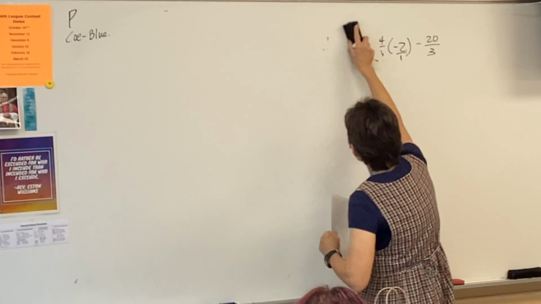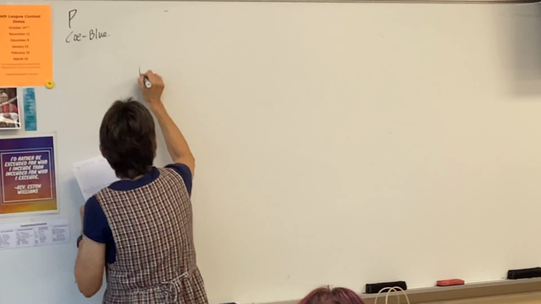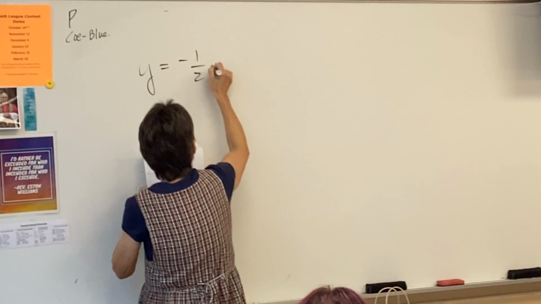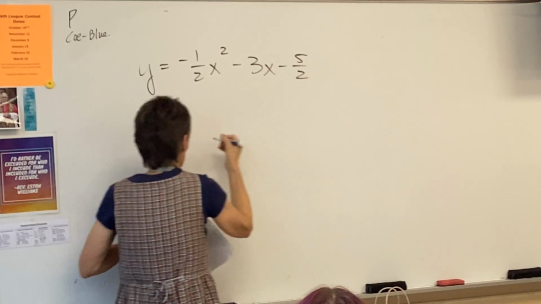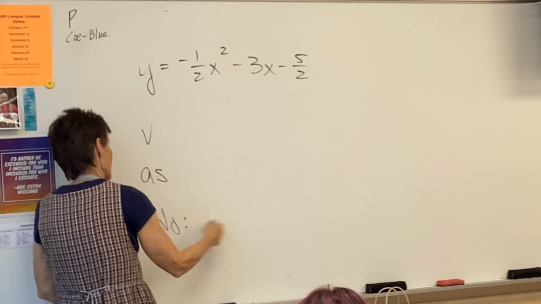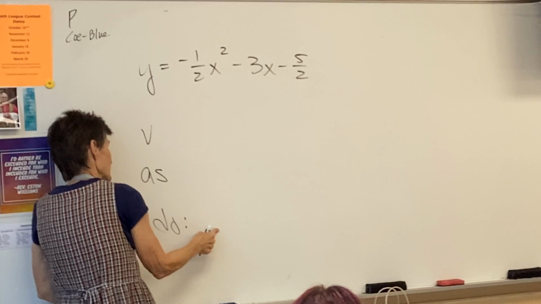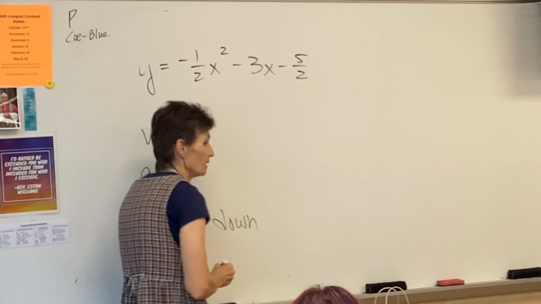This one's actually going to be easier. The three-part question: vertex, axis of symmetry, direction of opening. Direction of opening you should already have written down. What is it? Yeah, nobody misses that, come on.